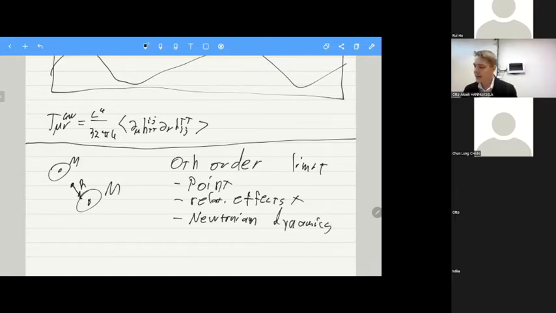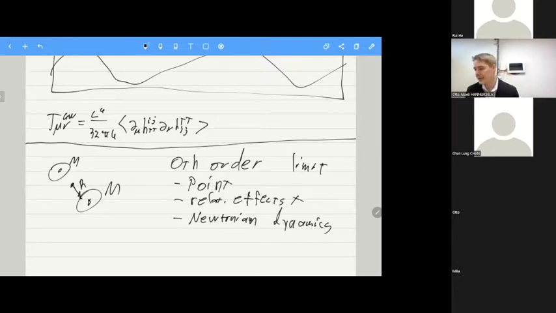Okay, and so if you do these assumptions, again, you start with the Einstein field equations. You put in the stress energy tensor such that it follows the point particle approach, so that you assume that the black holes are point particles.